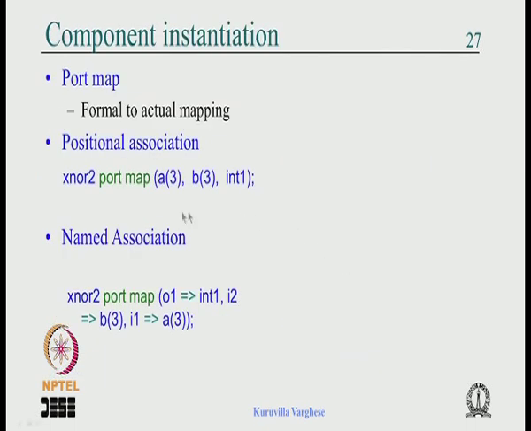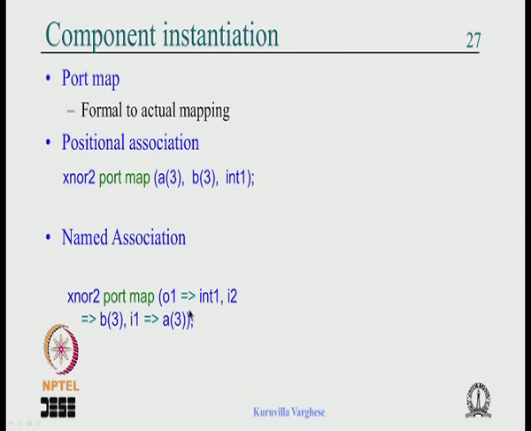And I said about the positional association, which is very difficult in a complex case, to remember the order of the ports, particularly when you put this into a library. It's enough if you, like normally people say, what are the input and output ports, what are the data types.